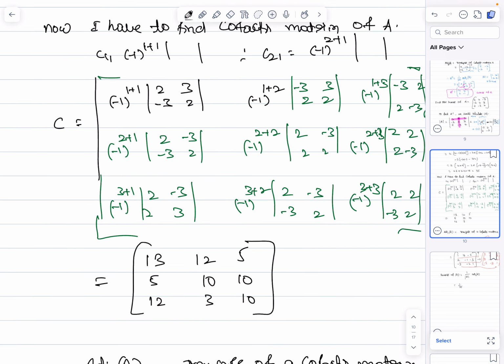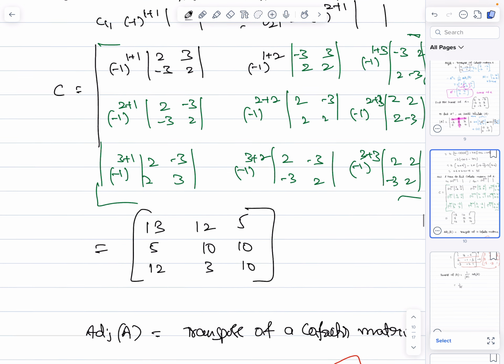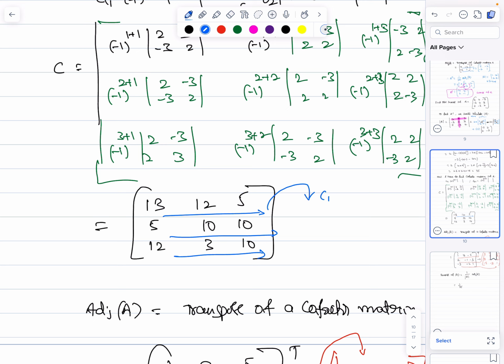Okay. Now you have to find adjoint of A, that is adjoint is transpose of cofactor matrix. That means you are going to write these rows into columns. This is transforming into C1, this is transforming into C2, this is transforming into C3.